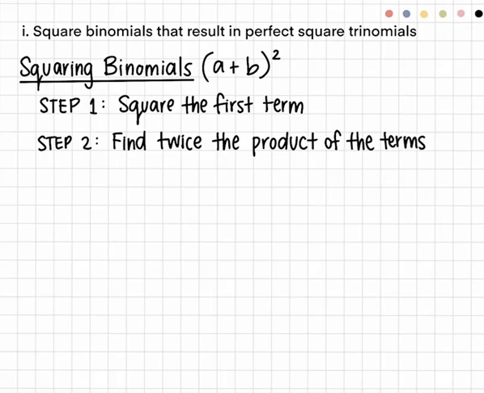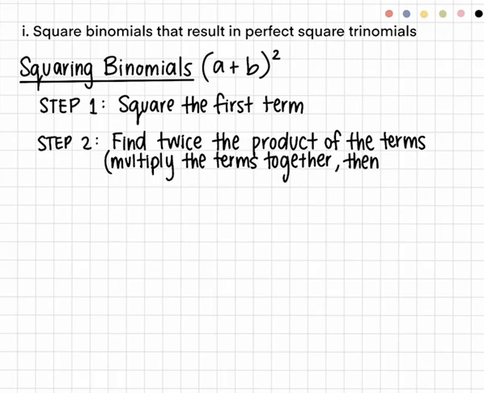So that means you're going to multiply the terms together, then multiply by 2. Okay? And then step 3 is we're going to square the last term.